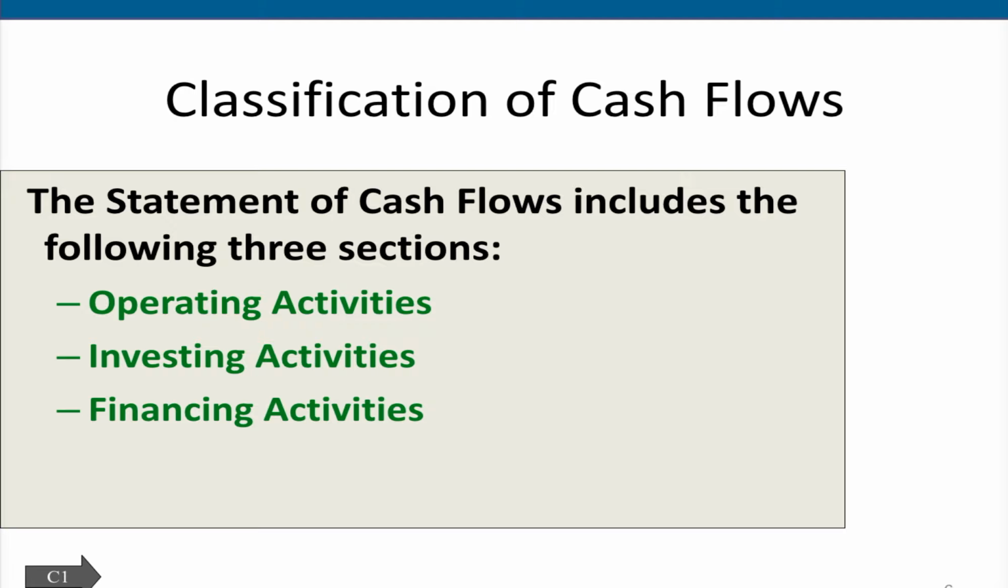Obviously that should make sense why we care about that. Are your day-to-day operations sufficiently bringing in cash, or if not, certainly you have some other means of bringing in cash, at least in the short term. But the operating activities will tell you a lot of what you need to know about a company in the cash coming in and the cash going out from operating activities.